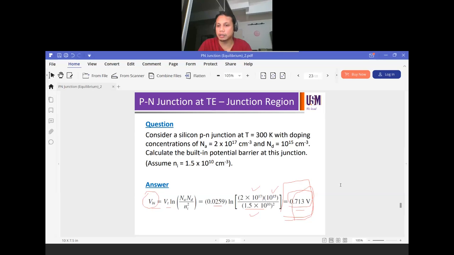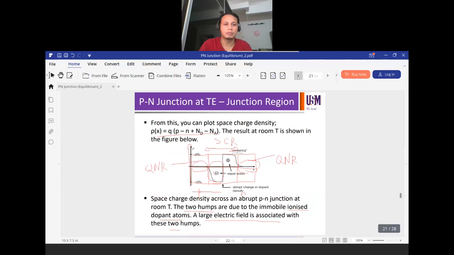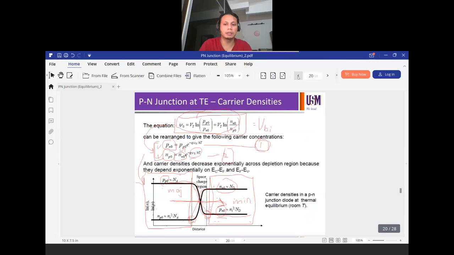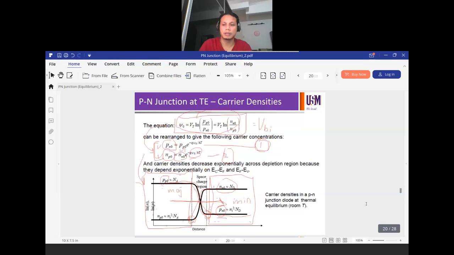Izian asks what is 1, 2, 3? Izian, which one? Which page? Depletion approximation. Oh, okay, hold on.